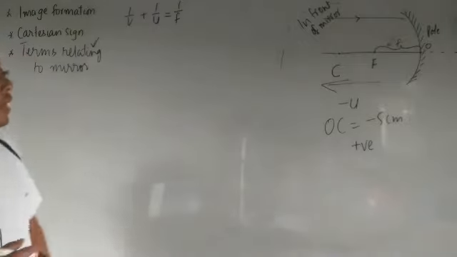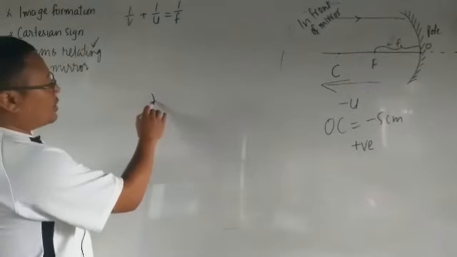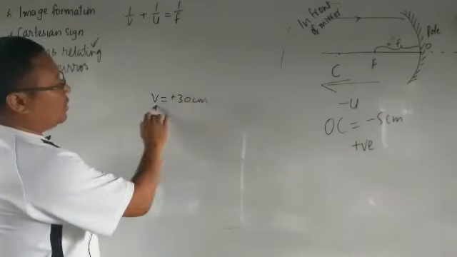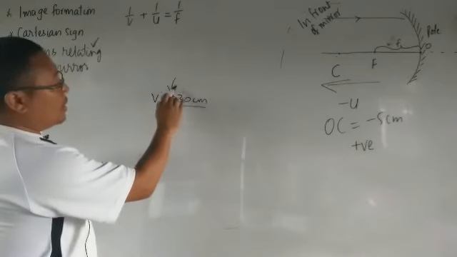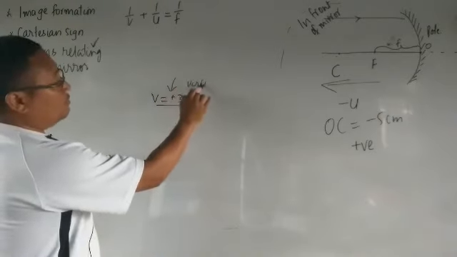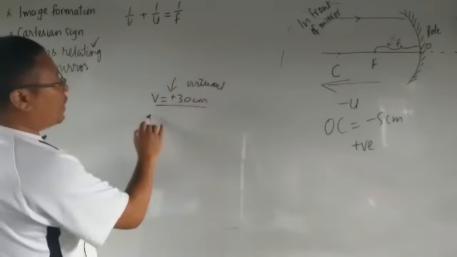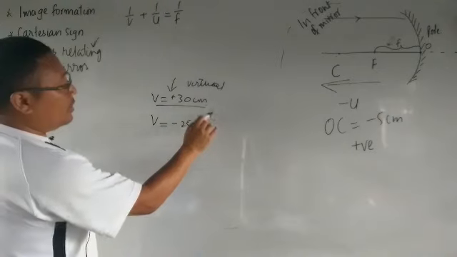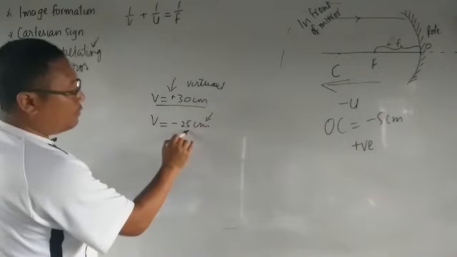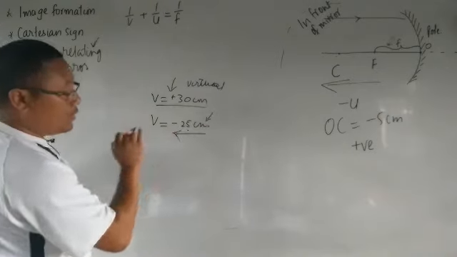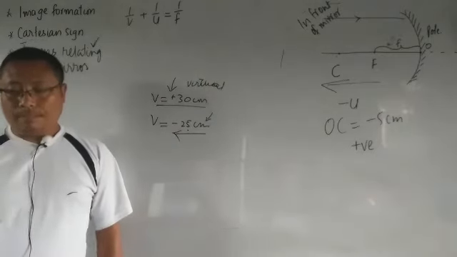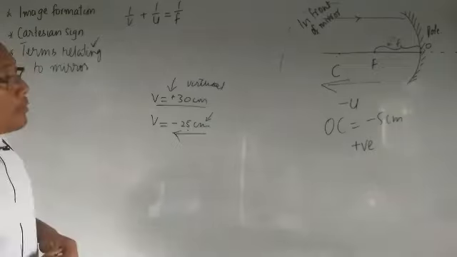So if the image distance, let's say V, is plus 30 centimeters, in that case the image is virtual. But if the image is formed at -25 centimeters, then this image is real, and it is always formed in front of the mirror. So that's about the Cartesian sign.